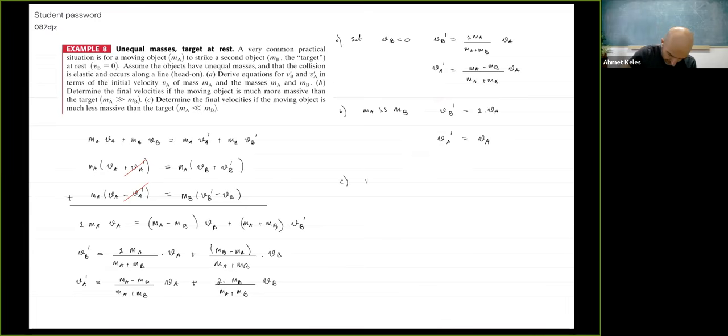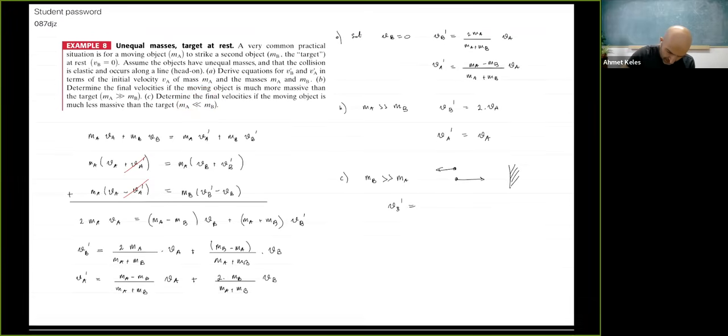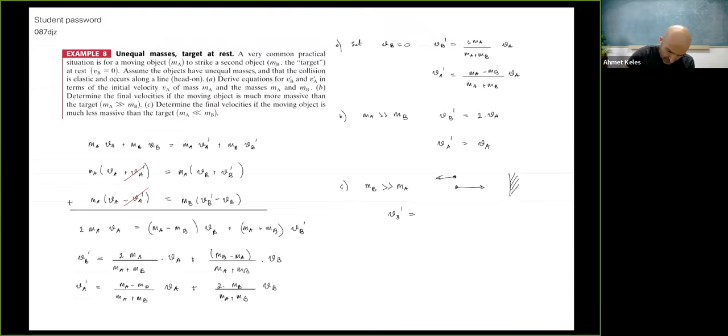And C, MB is much larger than MA. This one is a little easier to understand because MA is coming, and MB is kind of like a wall because it doesn't change. And we expect the velocity to change its direction. Let's see if this is the case. VB prime: we are putting MB much larger than MA, so this thing will cancel because you have a very large denominator. This thing is going to be 0.